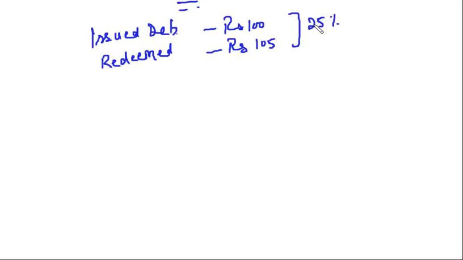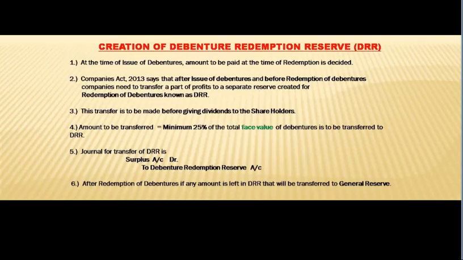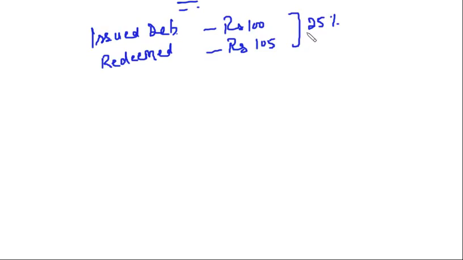Now, will 25% be of 100 or 105? The provision says minimum 25% of the total face value. This word is important. So what is the face value here? Face value is 100 rupees, because here 100 plus 5 rupees is the premium. So you have to create minimum 25%.